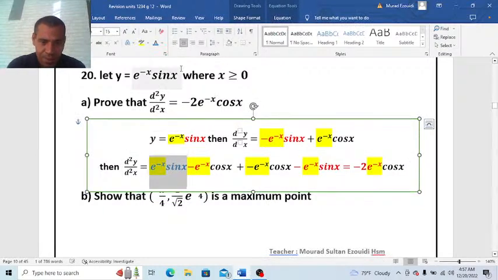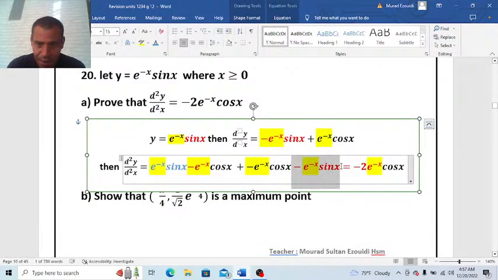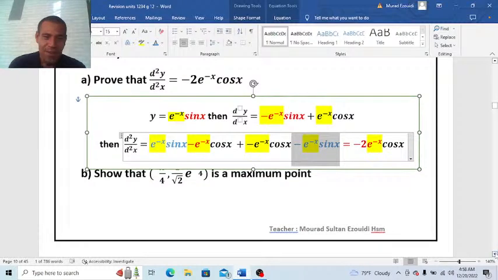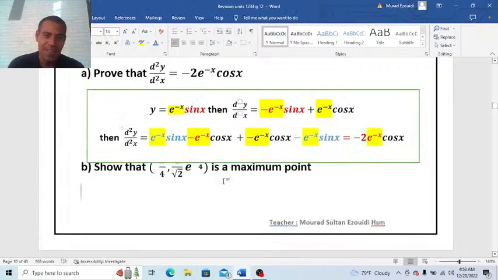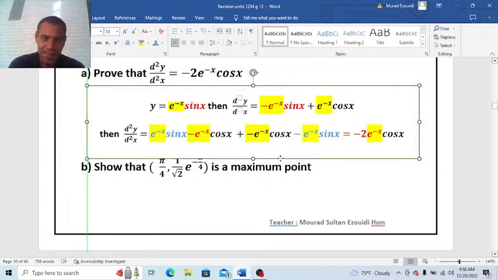Then this is minus exponential minus x sine of x, so they will be cancelled. So minus exponential.